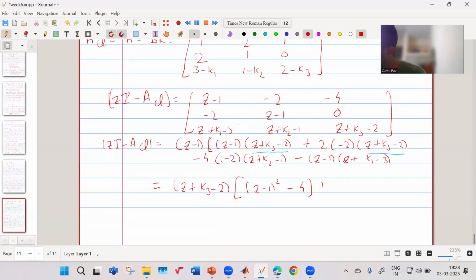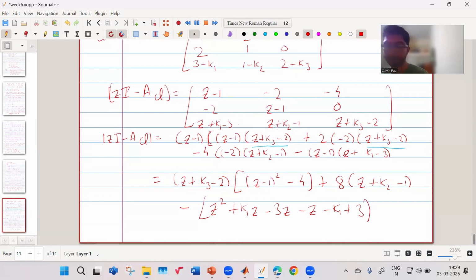Then plus 4 into minus 4, which is minus 2 times minus 4, that is 8, 8 into (z+K2-1). Then minus (z-1)(z+K1-3), which is minus of z square plus K1 z minus 3z minus z minus K1 plus 3. Okay, so this is what we get.